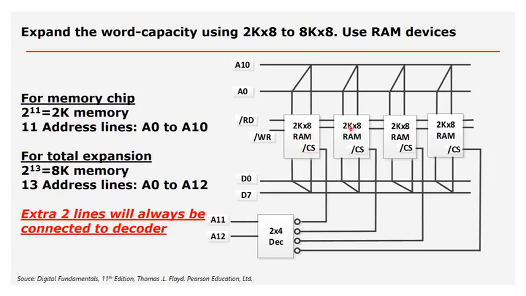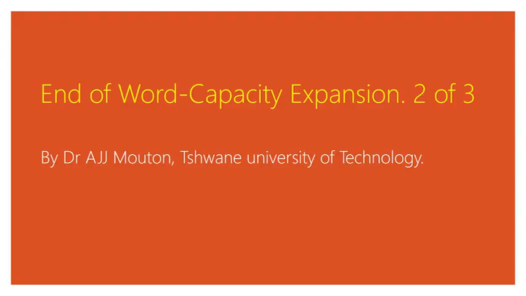I've got access to 2K here, and access to 2K here, and access to 2K here, depending on the address, which eventually, if I add it together, actually gives me the 8K by 8 memory device. This is then the end of the second video on memory expansion, which was the word capacity expansion.